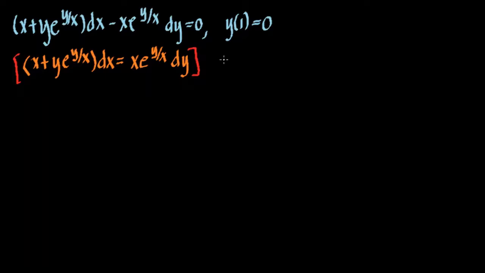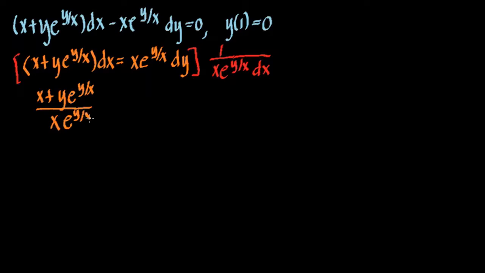So we'll multiply both sides of the equation by 1 over x e to the y over x dx. So we have in our left hand side expression x plus y e to the y over x over x e to the y over x, canceling out dx, is equal to, canceling this out, we're left with dy over dx.